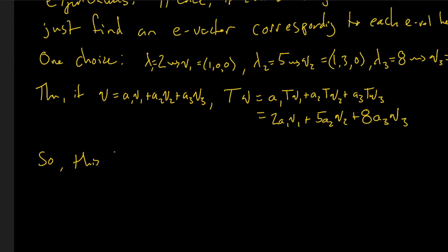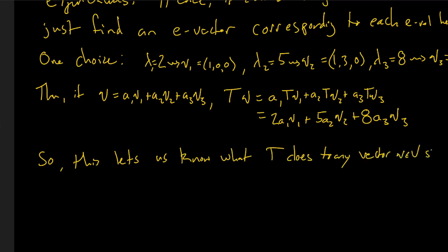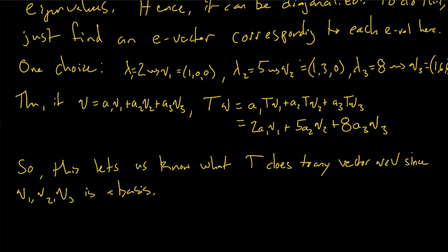So this lets us know what T does to any vector V, since V1, V2, V3 is a basis. That is, it is a list of eigenvectors corresponding to distinct eigenvalues. So it is a linearly independent list, and it is the length of a basis, so it's a basis itself. Okay, cool. This lets us know what T does to any vector.